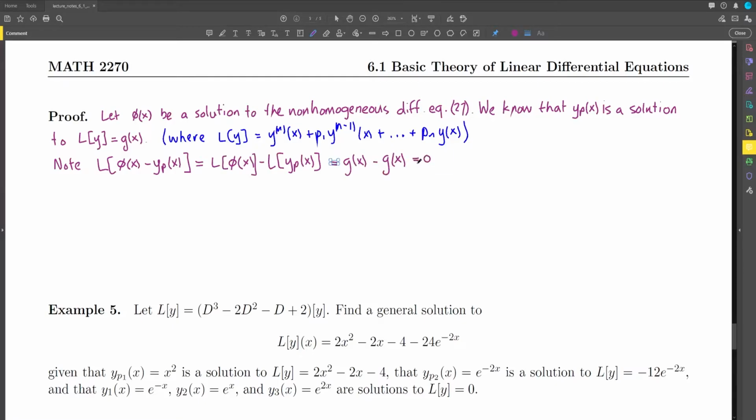And so that is 0. So the linear differential operator acting on this function produces 0.